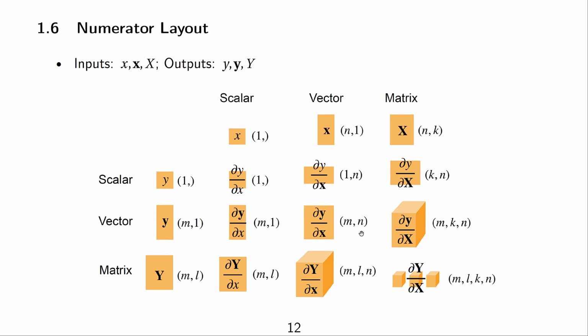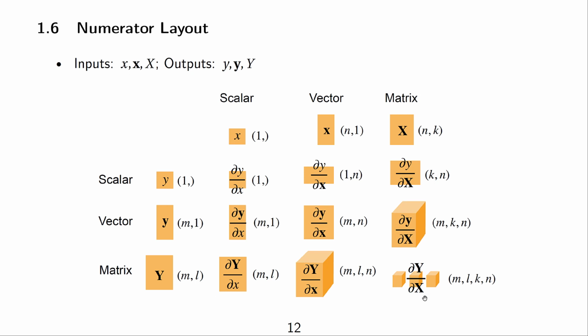Well, now let's look at the cases that are very relevant to this class, but that we will not do because the notation might be too tricky. What happens if now the input or output are matrices? So let's, for example, say the input is a matrix X with dimensions n and k, and the output is a matrix Y with dimensions m and l.